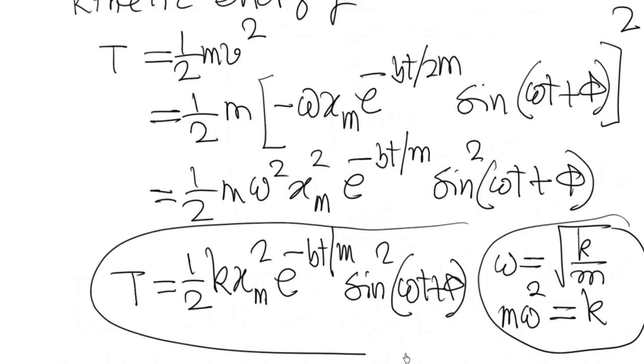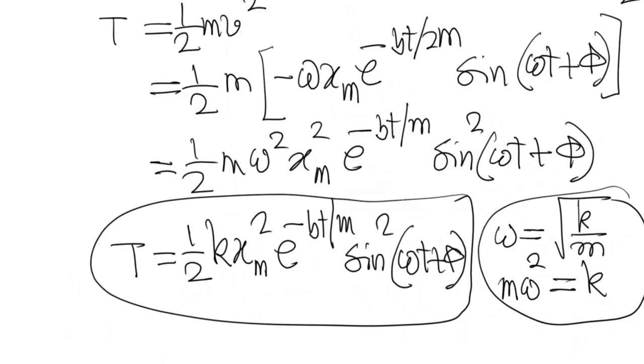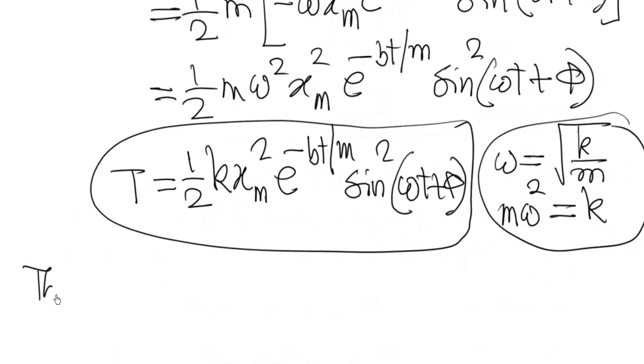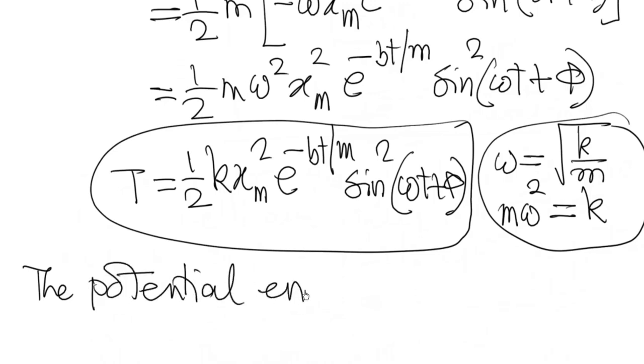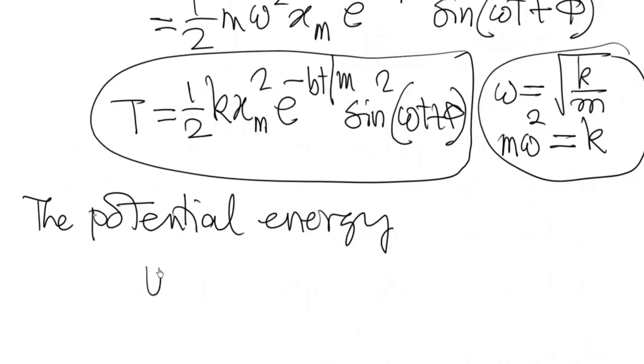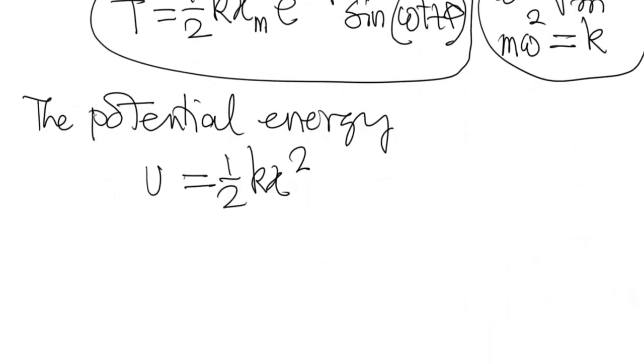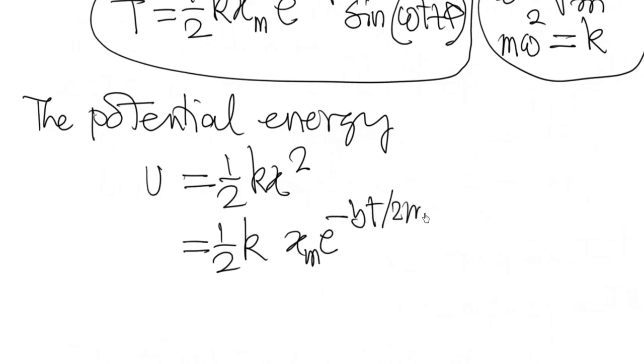If we use this, then we can write down this. So this is kinetic energy, and potential energy is U, which is half k x square. We know x is x_m e to the power minus bt by 2m and cos(omega t plus phi), whole square.